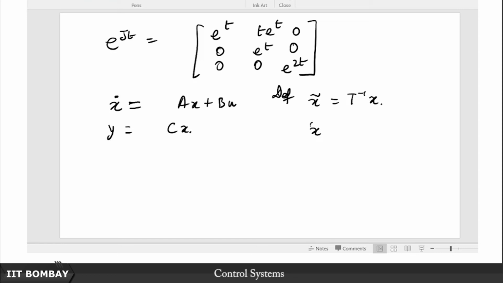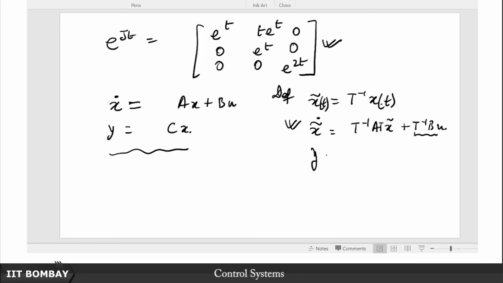Then we saw that x tilde dot is equal to T inverse A T x tilde plus T inverse B u, and y is equal to C T x tilde. So essentially, instead of solving the original system of equations, I can as well solve in the x tilde domain.